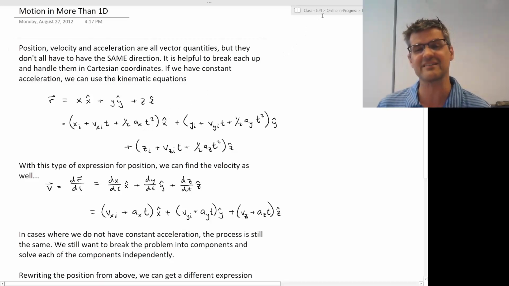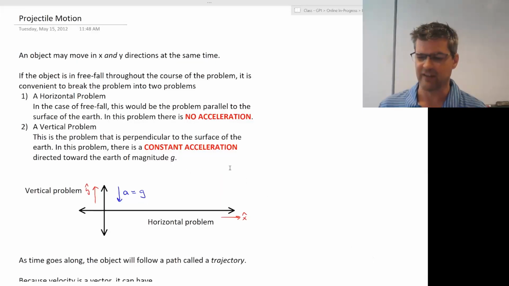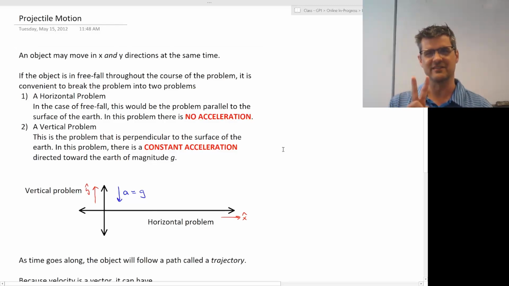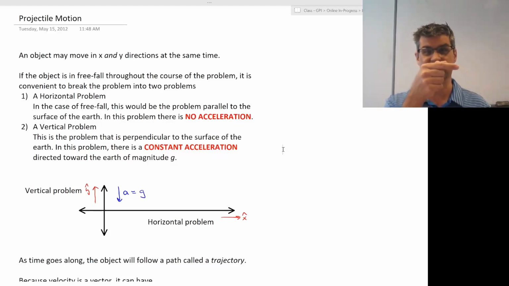So the easiest possible case of projectile motion is where we're going to be looking at this particular case of two instances of constant acceleration. What we are going to have is a constant acceleration of 0 in a horizontal problem because there's no acceleration in that direction for free fall.